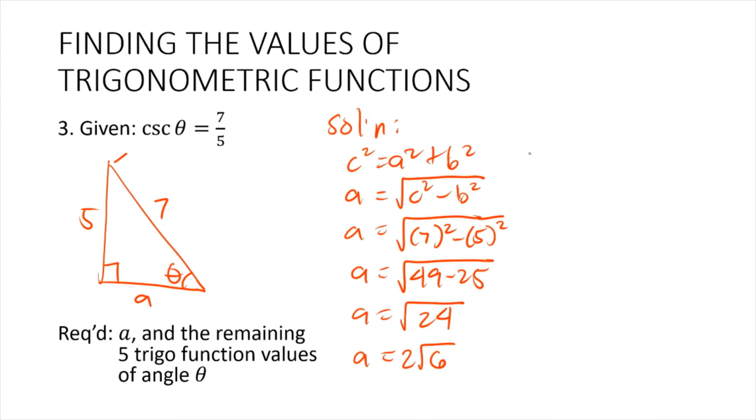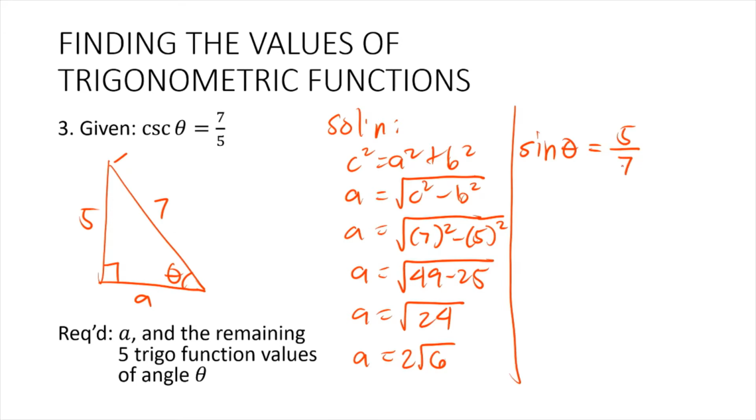Now let's solve for the values of the remaining 5 trig functions. Okay. So starting with sine of angle theta. So sine in this case is just the reciprocal of cosecant, right? But based on the triangle, we have here opposite of angle theta is 5. So we have 5 here, then hypotenuse is 7. Okay.